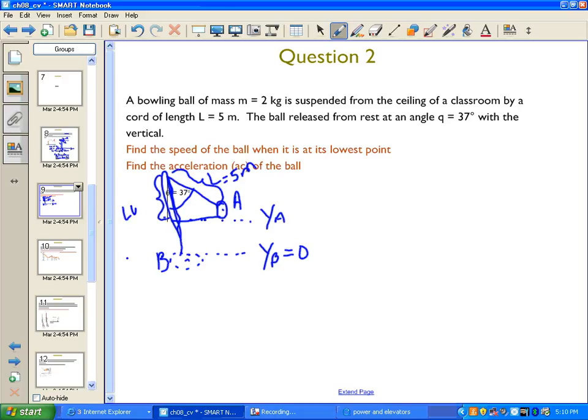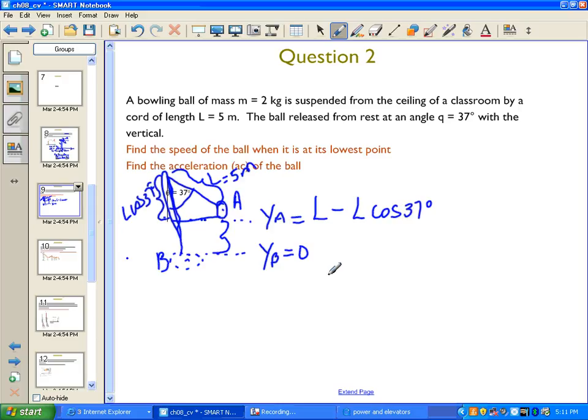This is L cosine of 37, and so YA will be equal to L minus L cosine of 37 degrees. In other words, we're trying to determine the height from the lowest point to where it was pulled up and held at that 37-degree angle. So that's the first thing that we need to say about that.